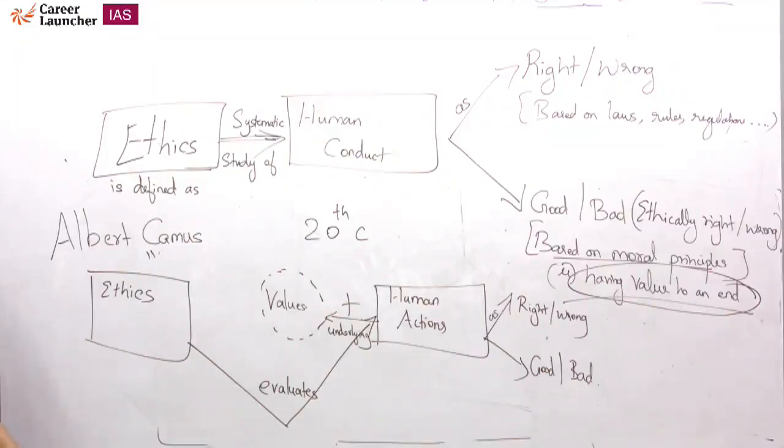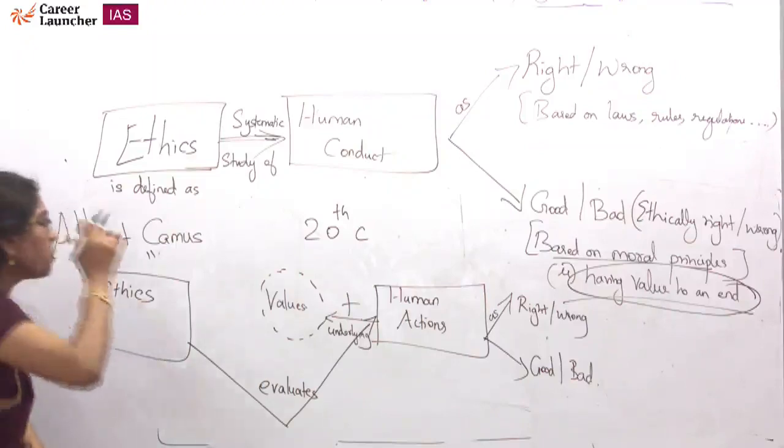The 20th century philosopher Albert Camus, this is the name of the person, stated, S-T-A-T-E-D, stated that. Then start the quotation. A man without ethics, E-T-H-I-C-S, is a wild beast.